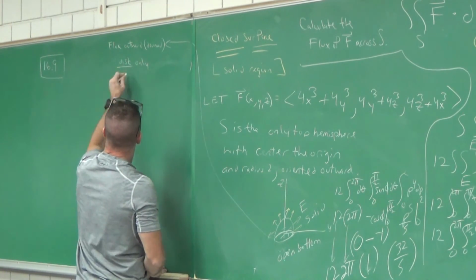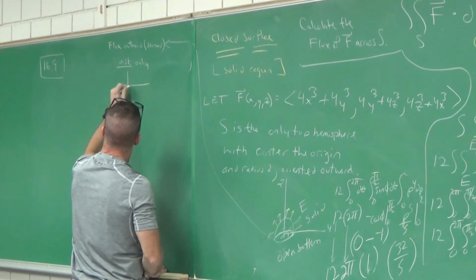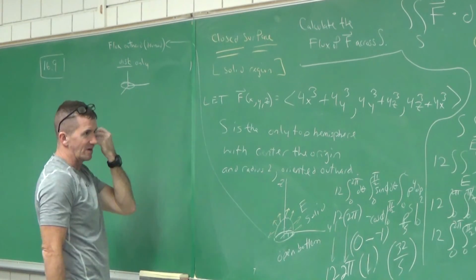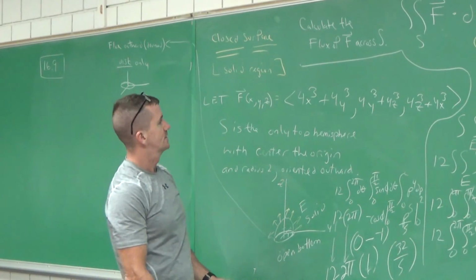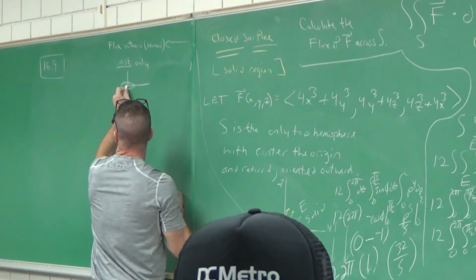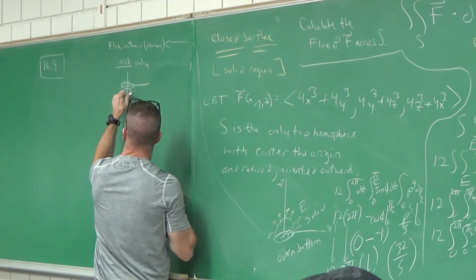Let me draw a picture of that. It's a disk, it's in the XY plane. What's the radius? The radius is 2, right? So this is a disk with a radius of 2, and put your normal vectors up.